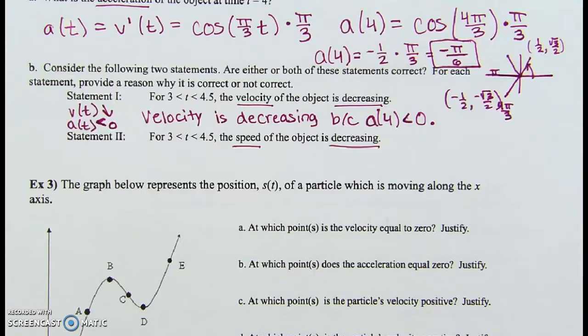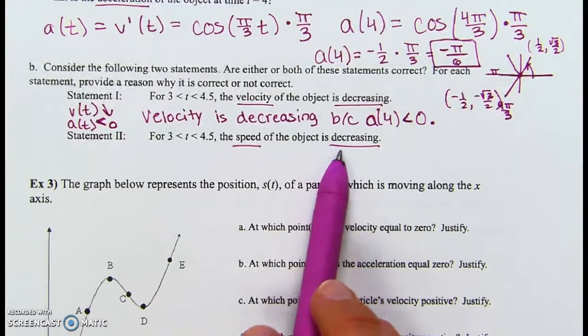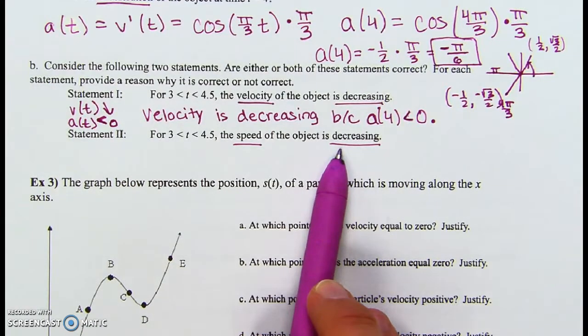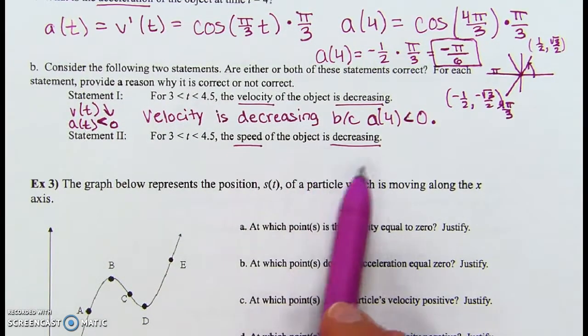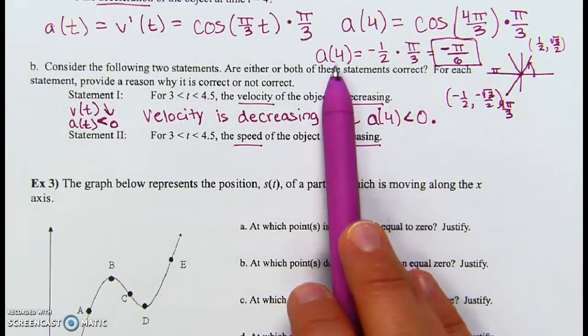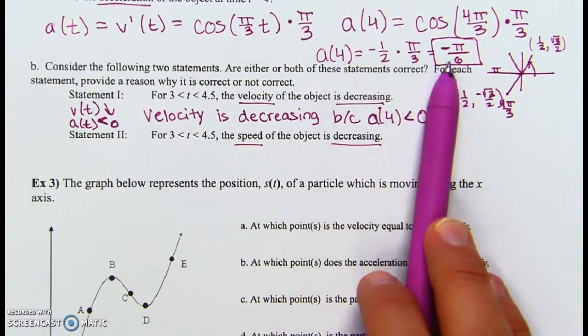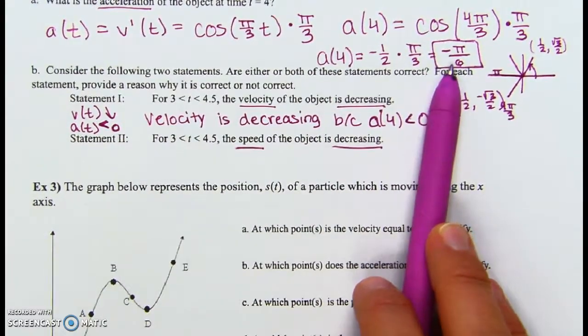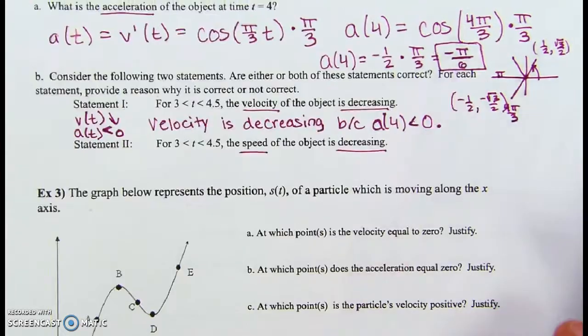So we have to use the definition on our notes. So speed is decreasing if velocity and acceleration have opposite signs, increasing if they're the same sign. Okay, so if speed is decreasing, that has nothing to do with slope. We're talking about same sign or opposite signs. So do we have the sign of acceleration at 4? Yeah, but do we know what velocity at 4 is? No, so we need to find that.